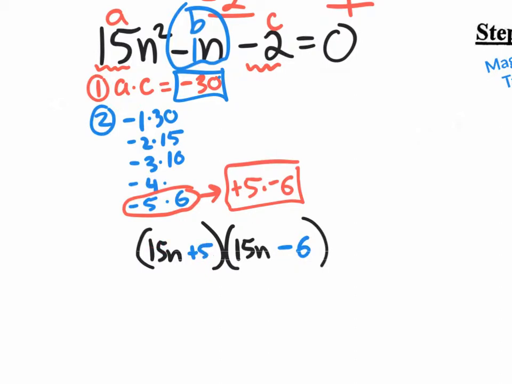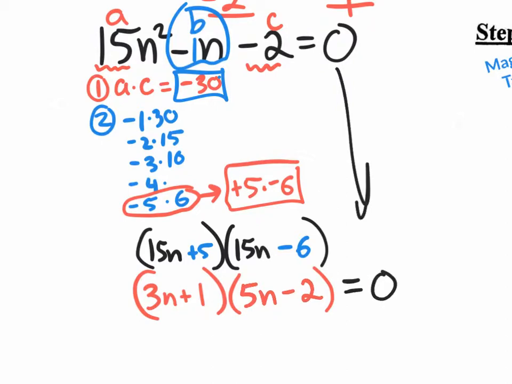By 5. 15 divided by 5 is 3. 5 divided by 5 is 1. The other one, we're going to magically divide this one by what? Nothing? I can't divide by 2, but I could divide by 3. So if I divide both by 3, we're going to end up with a 5n and a -2. If you divide 6 by 3, it's 2. Again, this is an equation, so we still have it equal to 0.